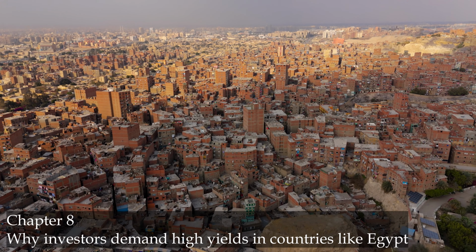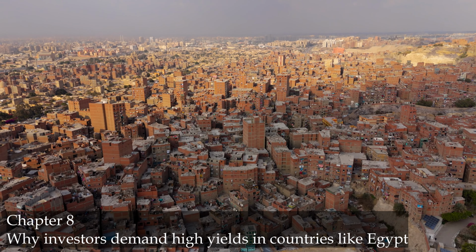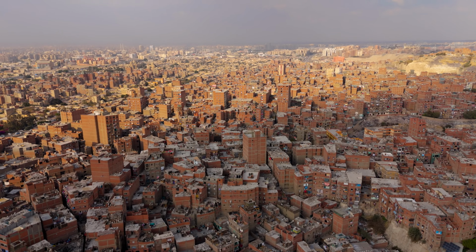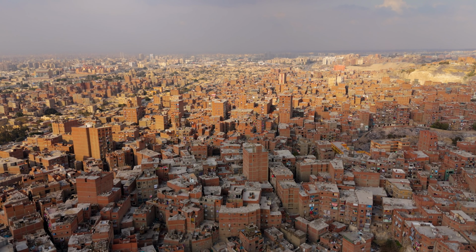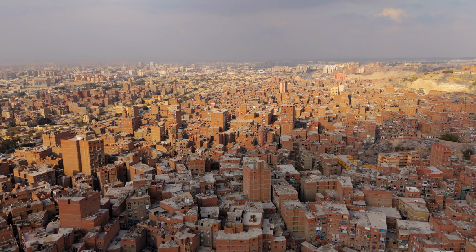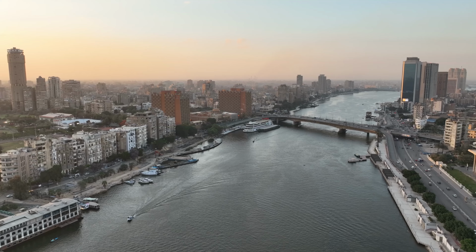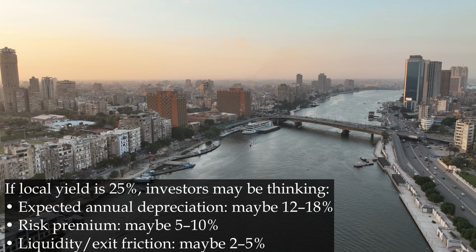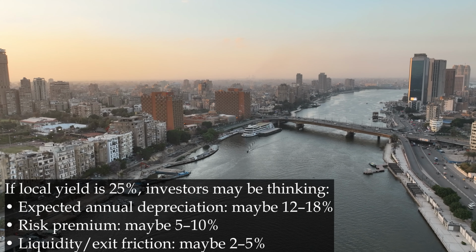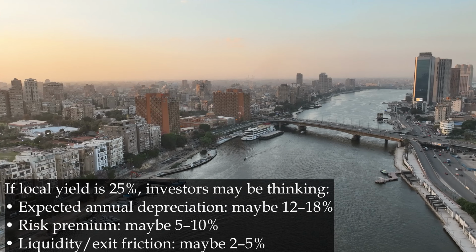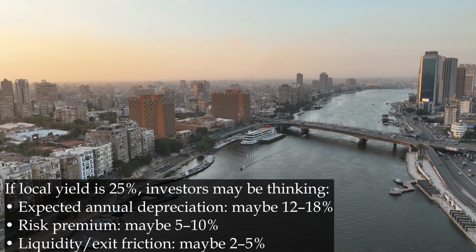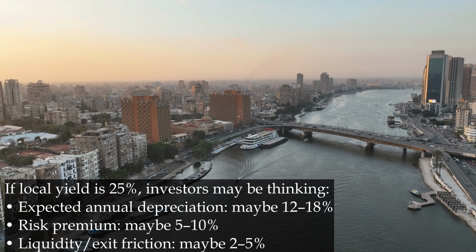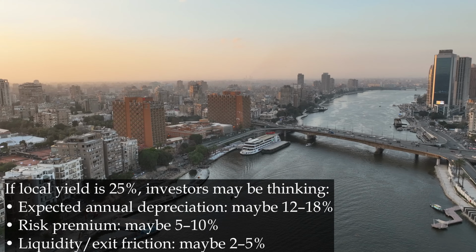8. Why investors demand high yields in countries like Egypt. Investors demand high yield because they price a set of probabilities. A practical way to think of it: if local yield is 25%, investors may be thinking, expected annual depreciation, maybe 12 to 18%. Risk premium, maybe 5 to 10%.